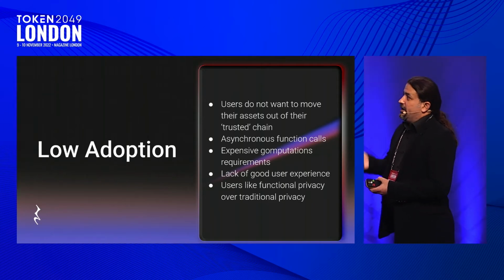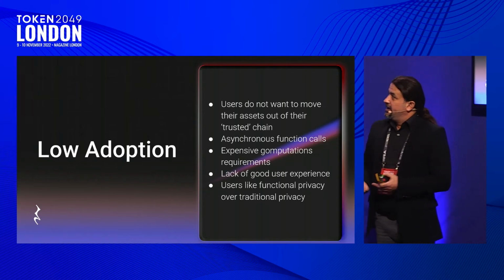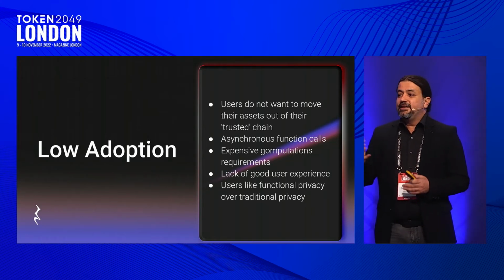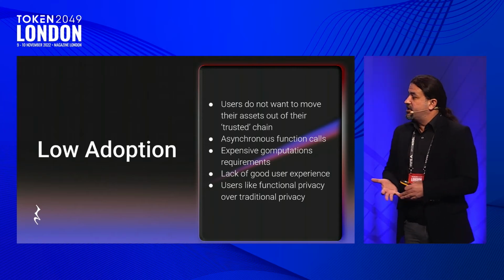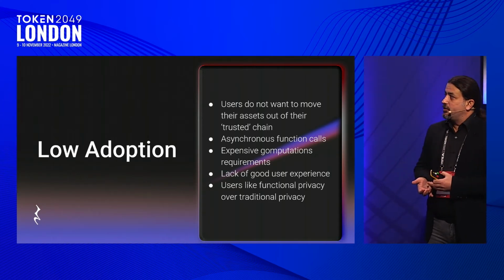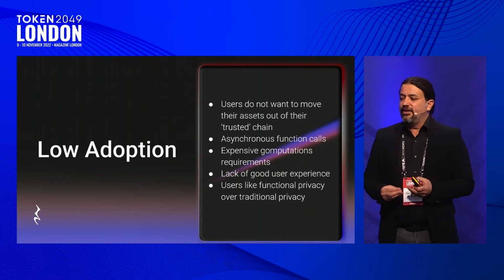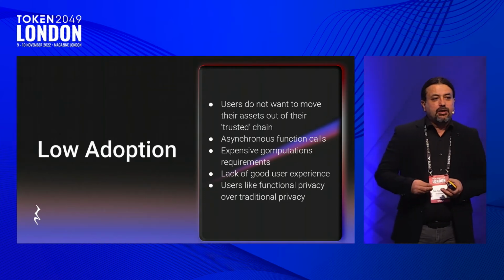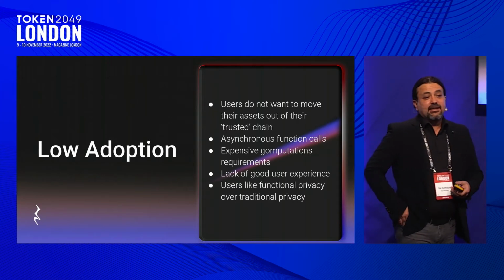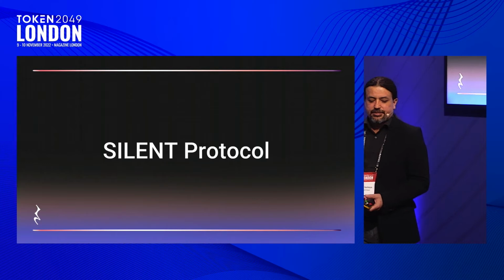Another reason for the low adoption is asynchronous function calls, and dependency on other intermediary wallets or applications, with a lack of user experience. So there should be a way of providing functional privacy without affecting users' experience, so that users can get on board with these privacy-aware solutions.